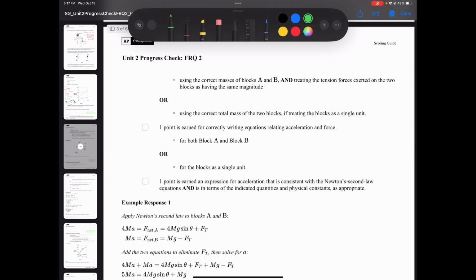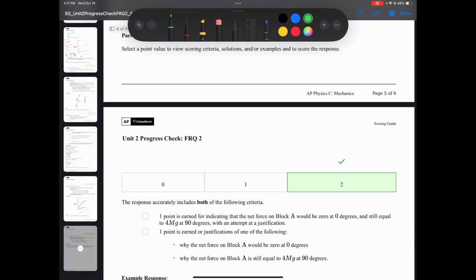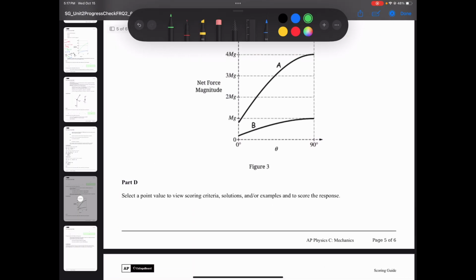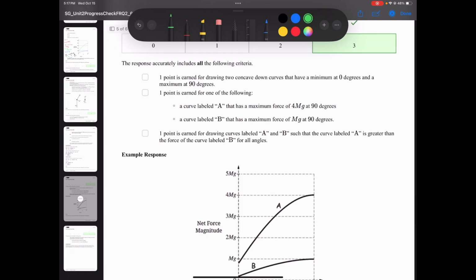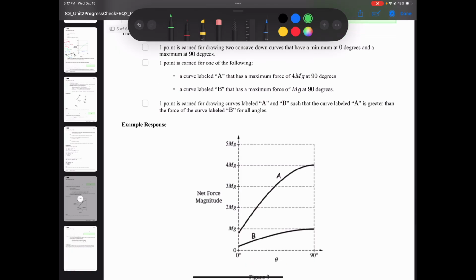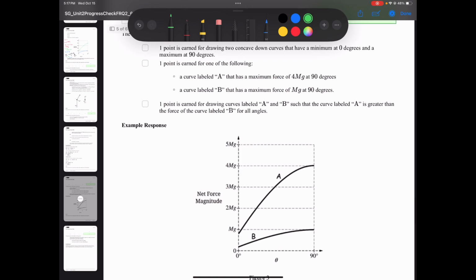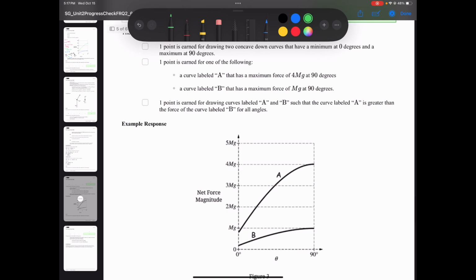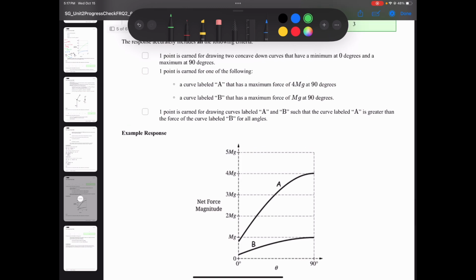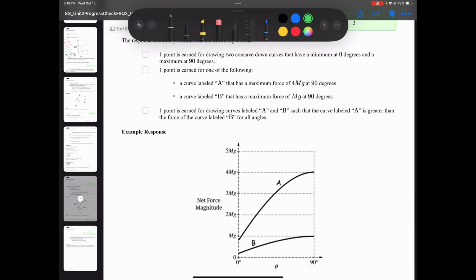That's the answer here. If we look at the scoring guidelines, we see they're not really sticklers about anything. They just care about the initial and the final. So understanding that the final net force on object A is 4mg and the initial is 4 over 5 mg. That's interesting.